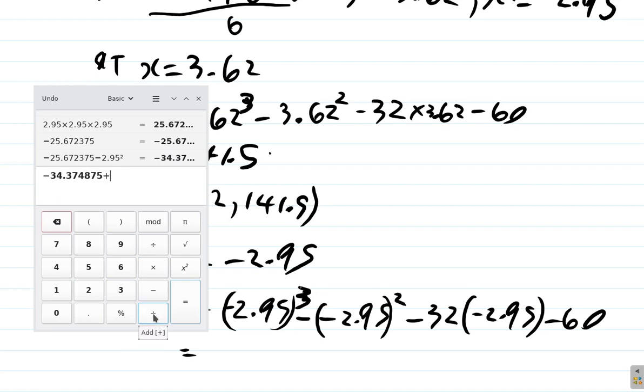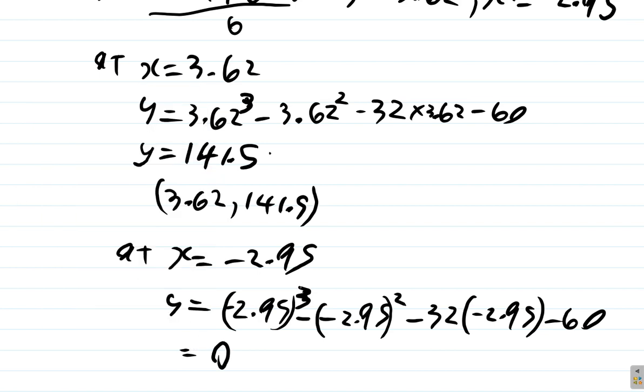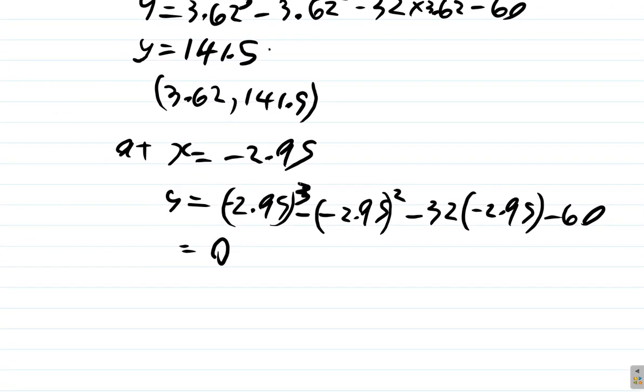It's going to be plus 32 by 2.95 equals minus 60, equal just about 0. Let's call it 0. So the other point is located at negative 2.95, 0.